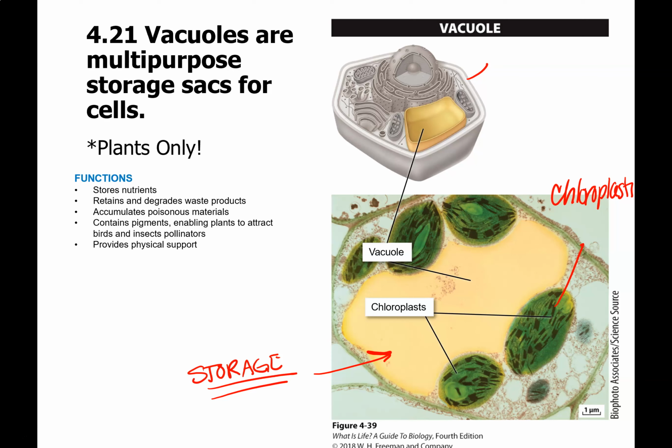It can also contain pigments to attract birds or insects, and then helps to provide some physical support. So if it's holding water, that's the main function of the vacuole in a plant cell, is to actually provide some rigidity, hold the water for the plant cell. But the vacuoles do actually store a whole variety of different things.